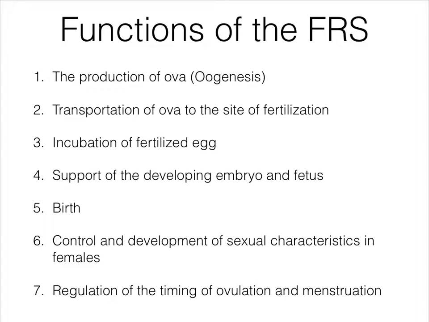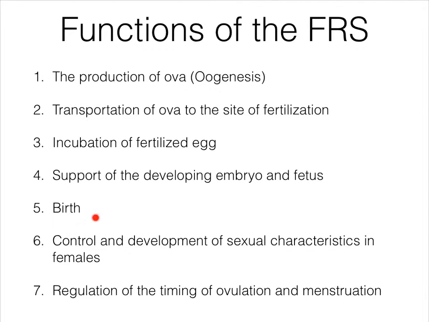At this point, it's the placenta's job to nurture the developing embryo and fetus. However, the female reproductive system has to provide support for that placenta and provide nutrients and really everything else that the growing fetus will need.